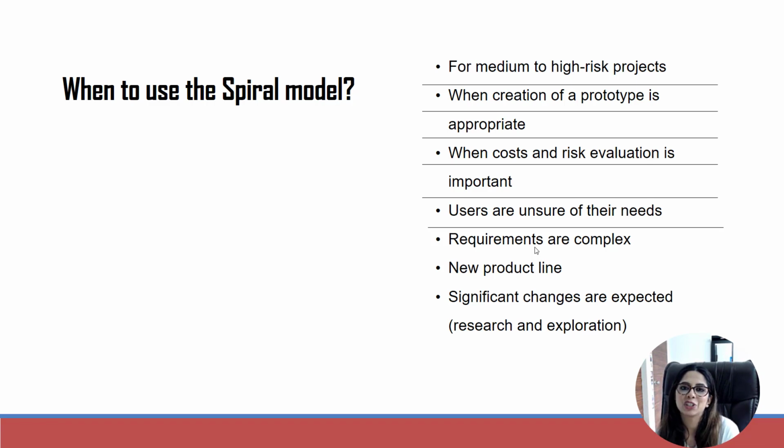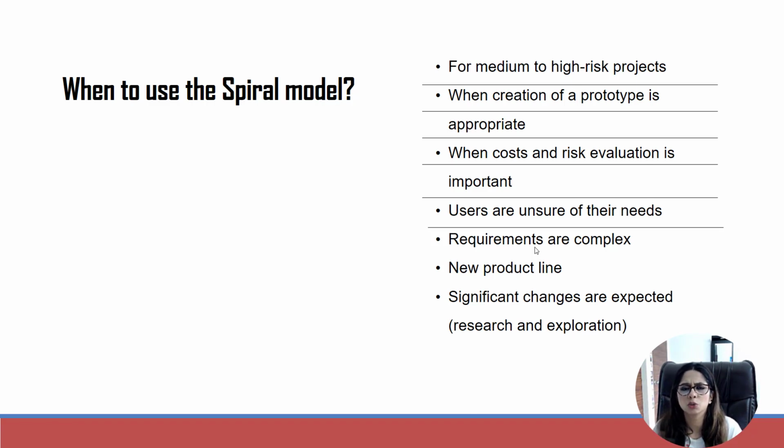When people are actually not very sure what they want, they need change, they want to update, they want to give feedbacks, and when they want to experiment with things, then this model will be helpful, isn't it? Requirements are complex. Yes, of course, it's not an easy model to work with. When the requirements are complex, then you should use this model.